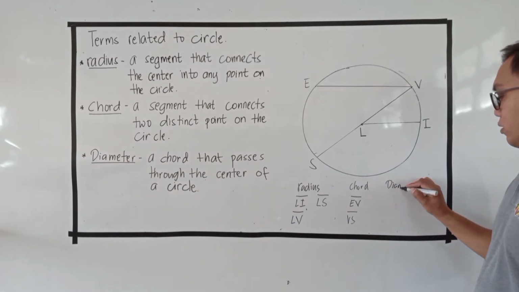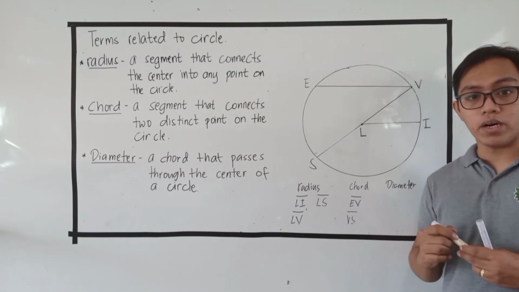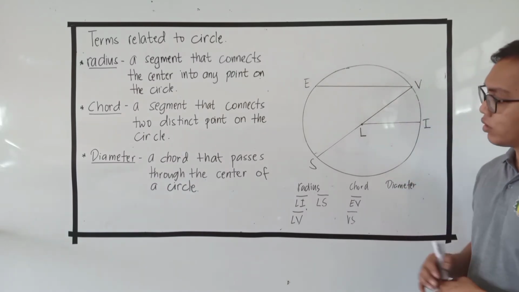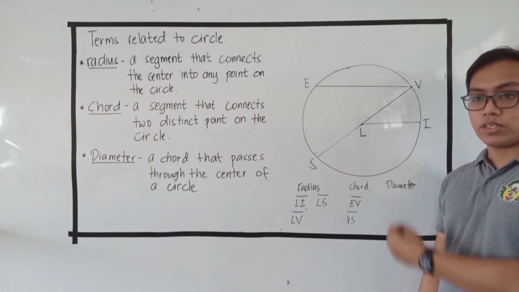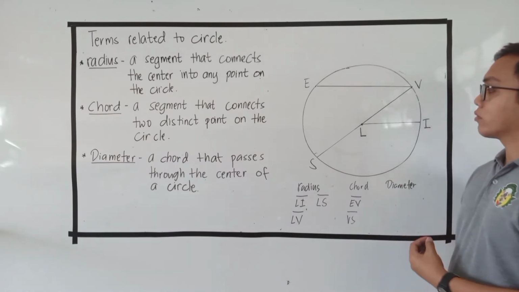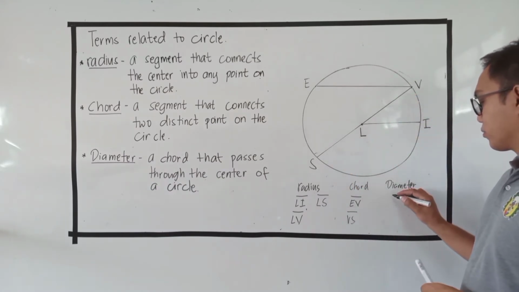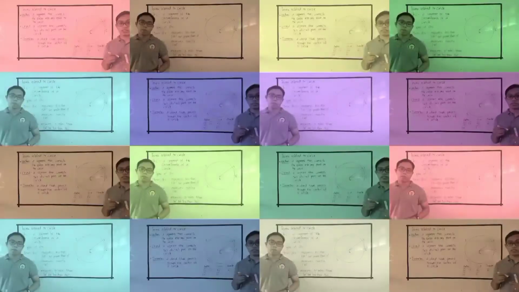So a diameter is also a chord, but it passes through the center of the circle. So the diameter present on this circle is VS. Line segment VS.